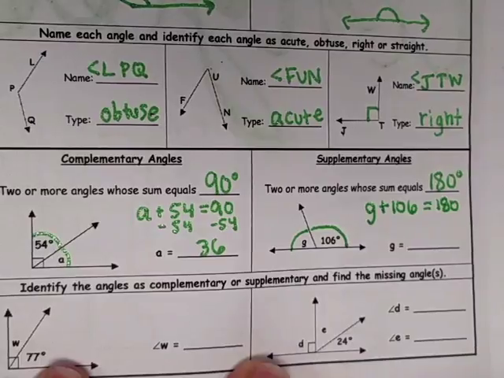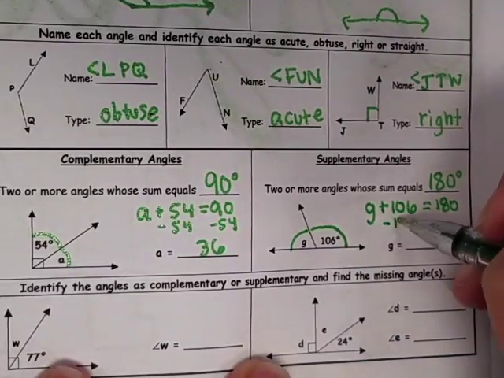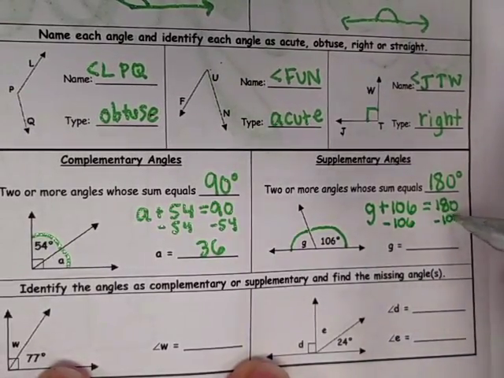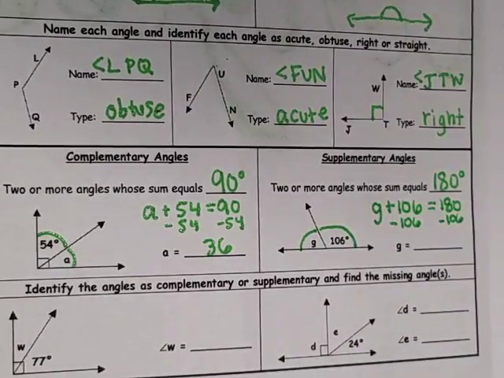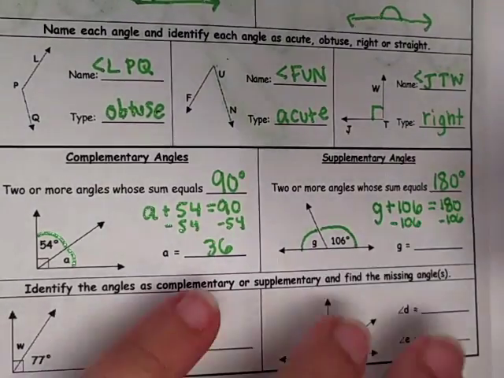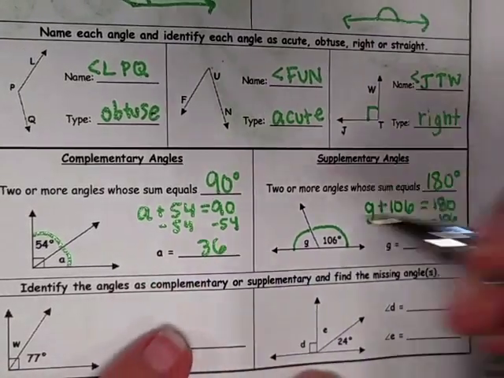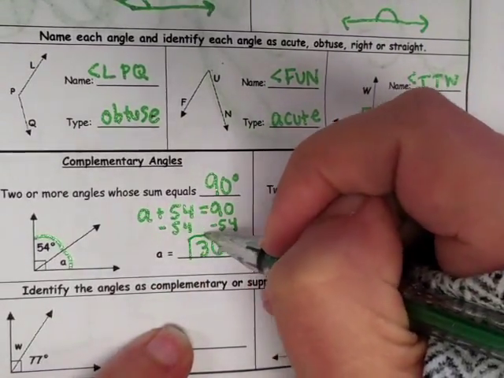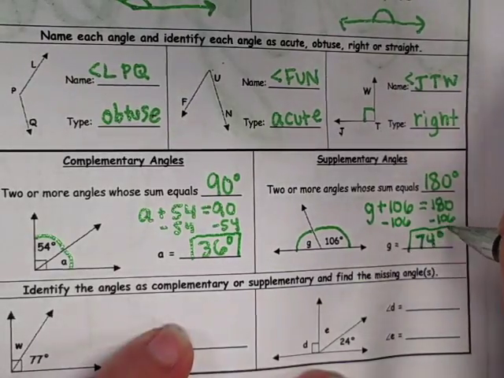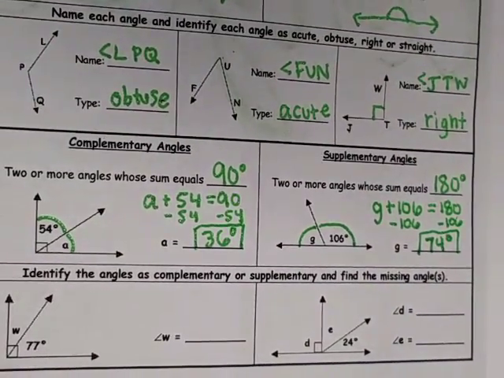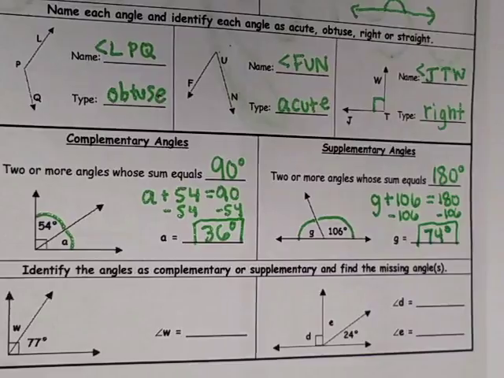We know how to solve that one-step equation. Subtract 106 from both sides. And 180 minus 106 is a difference of 74. So G is equal to 74 degrees. Okay, so that's how you take care of a complementary and a supplementary angle.